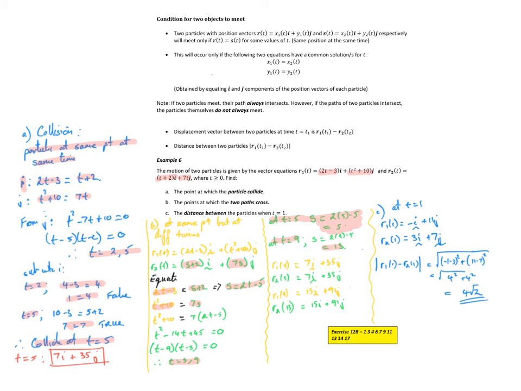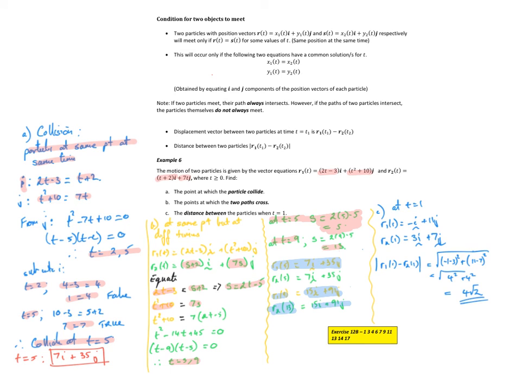The respective coordinates that we're interested in, and we looked at that previously, are that they're both at the 5-second mark at 7i plus 35j. Particle 1 at the 9-second mark is at 15i plus 9j, but particle 2 doesn't get there until the 13-second mark at 15i plus 9j. So 15i plus 9j is a point where the paths cross, as well as 7i plus 35j, but they don't collide because they get there at different times.